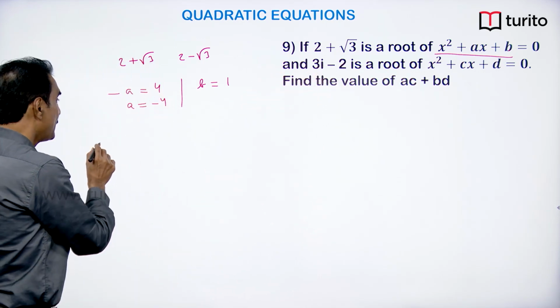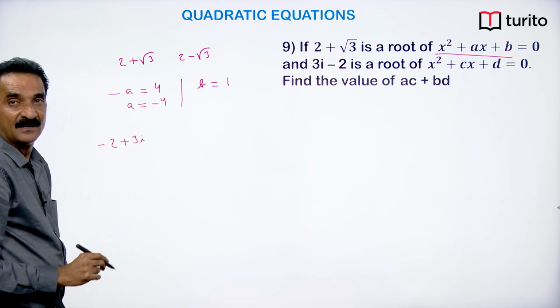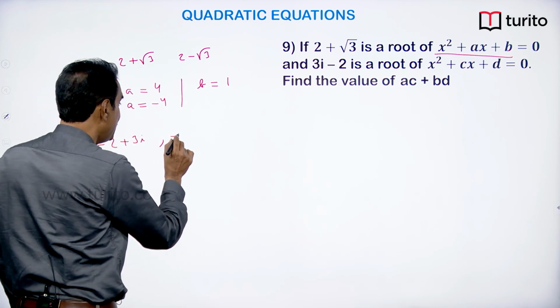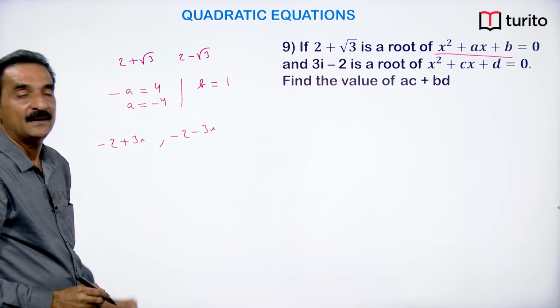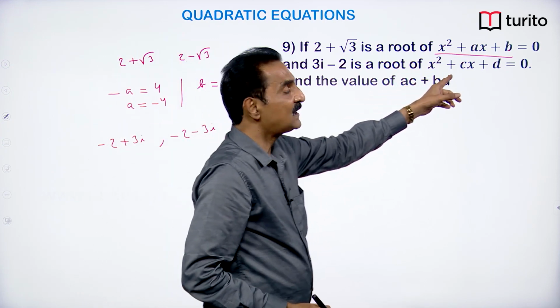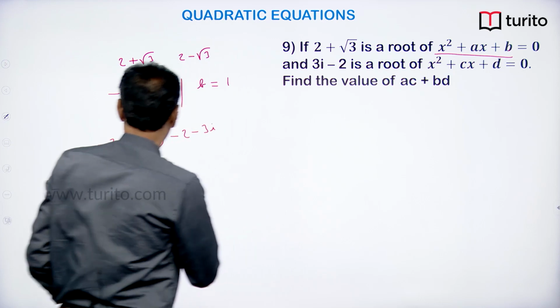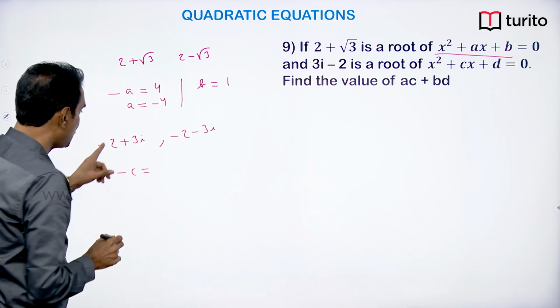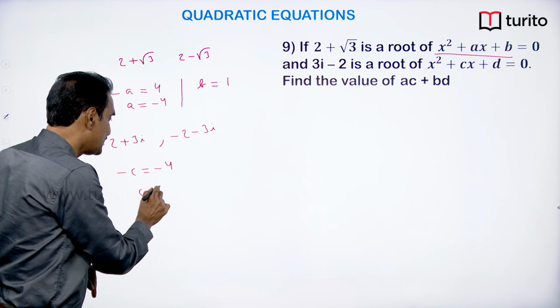We should write 3i minus 2 as minus 2 plus 3i. Then the other root will be minus 2 minus 3i. Sum of the roots? Minus c is equal to, what is the sum of these two? Minus 4. So, c is equal to 4.